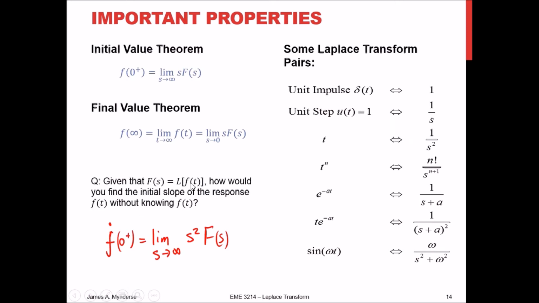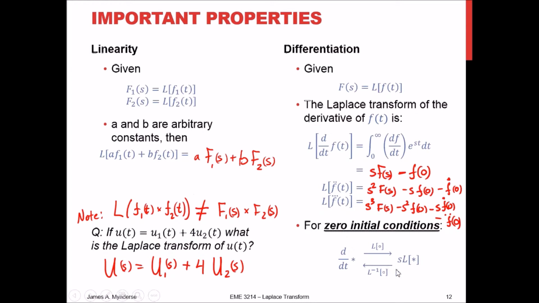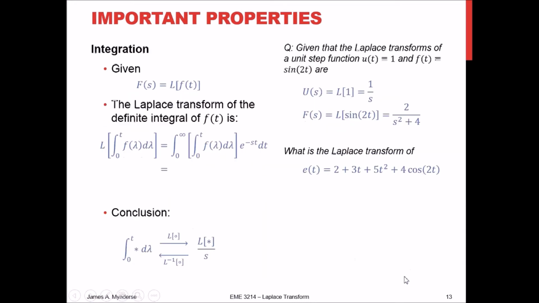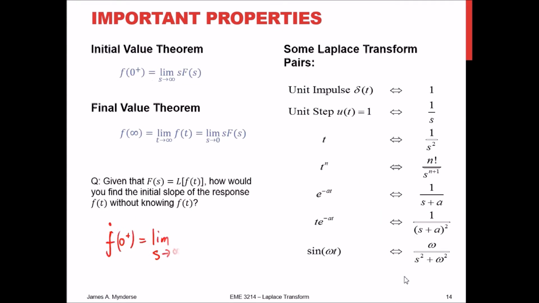That's easy. If you remember, the Laplace transform of a derivative just requires us to multiply by an s, for 0 initial conditions. So we can take the limit as s goes to infinity of s squared F of s.